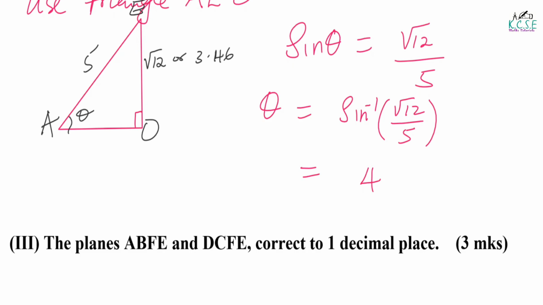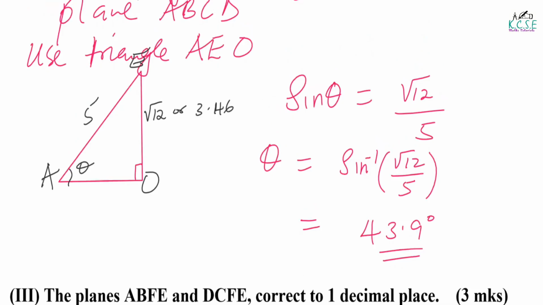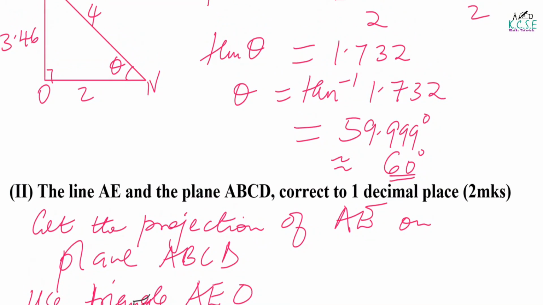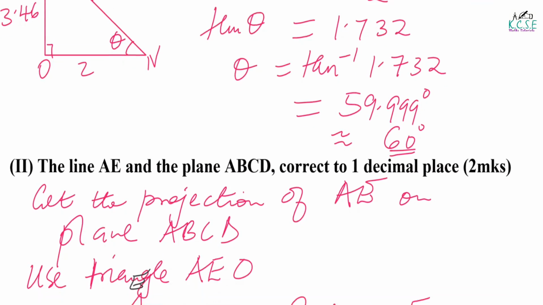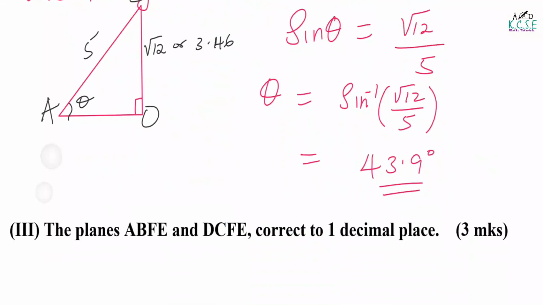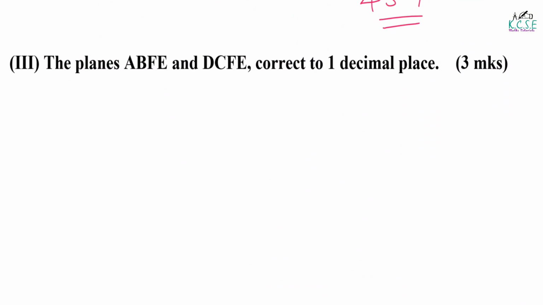So this gives 43.9 degrees, correct to one decimal place. That is how you get the angle between the line AE and the plane ABCD.